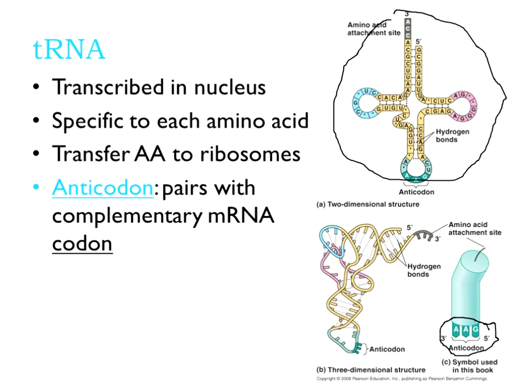If it complements correctly, then that amino acid that is hooked to that particular transfer RNA will be added to the polypeptide. So the anticodon has to complement the codon for the amino acid to be left behind for the polypeptide.